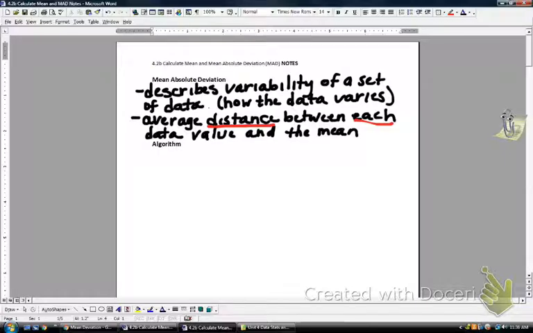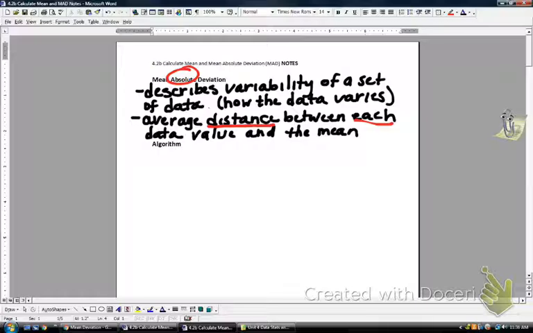So even if you drive backwards in your car and you drive all the way to the grocery store backwards, the distance that you cover would still be positive. So that's why we say absolute, just to emphasize that it's the positive part, because we're talking about distance between the mean and each data value. So it's just an emphasis on the absolute value part.